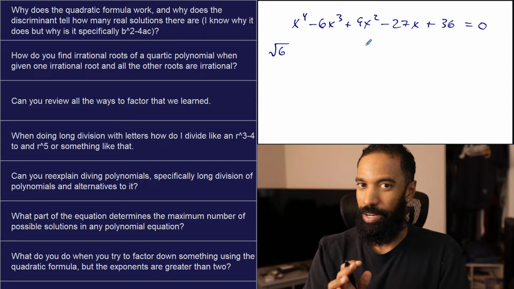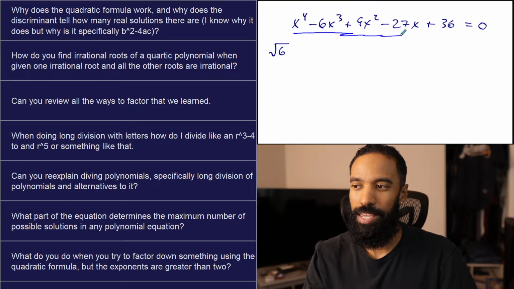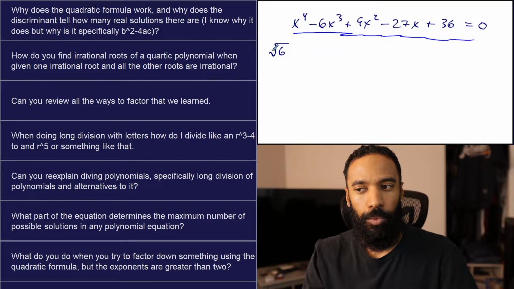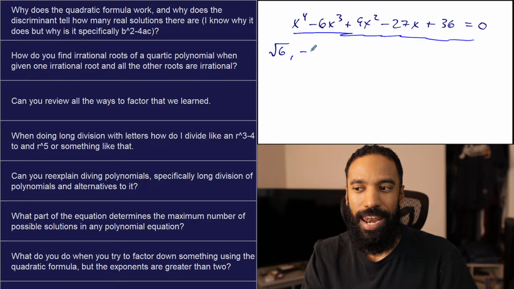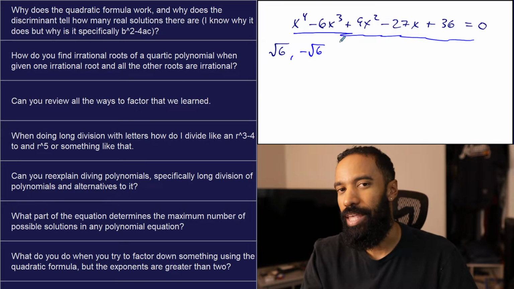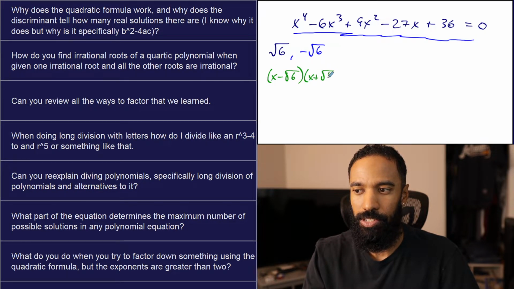The best way to do it is remember that because these have all rational coefficients, that means that if the square root of 6 is one of your zeros, one of your roots, then so is negative root 6. How does that help you? Because that means that x minus root 6 is a factor and x plus root 6 is a factor.